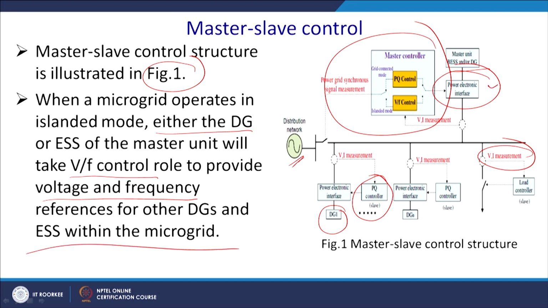So, ultimately it will decide whatever V/F has to be fixed, and all those entities will follow it. So, that is called the master slave control, and in off-grid mode or islanding mode, it will go for the V/F control.